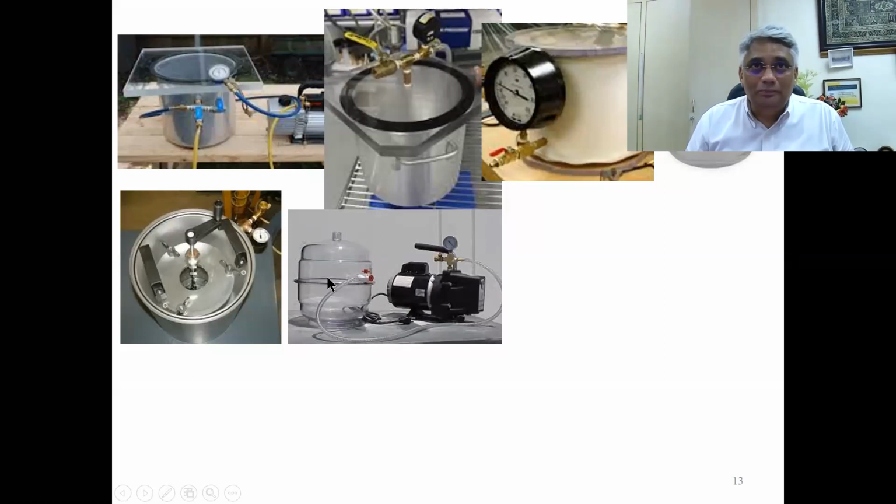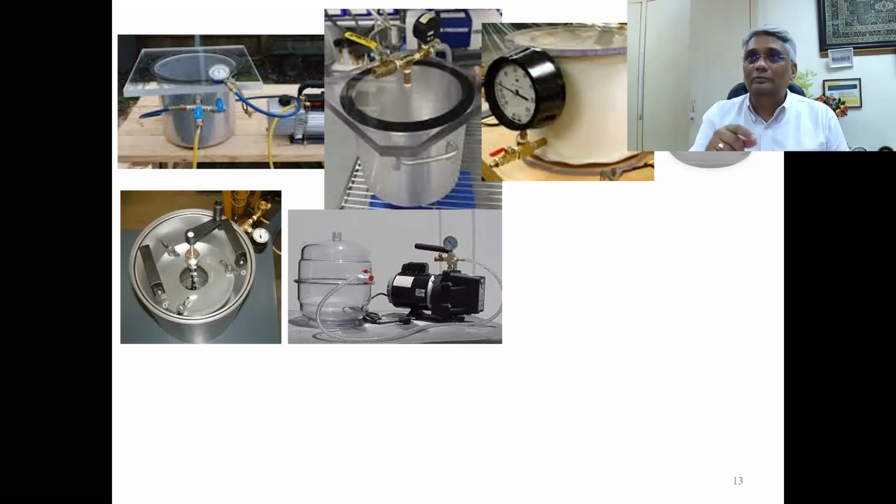Again, it has two parts, the top part and the bottom part. And then once you evacuate it again with this pump to 10 raised to minus 2 torr, and if there is no leak there, the only leak that can happen is from that boundary. If that is properly sealed, if the O-ring is of good quality, you can have sustained vacuum inside of this, 10 raised to minus 2 torr, even after the pump is switched off.